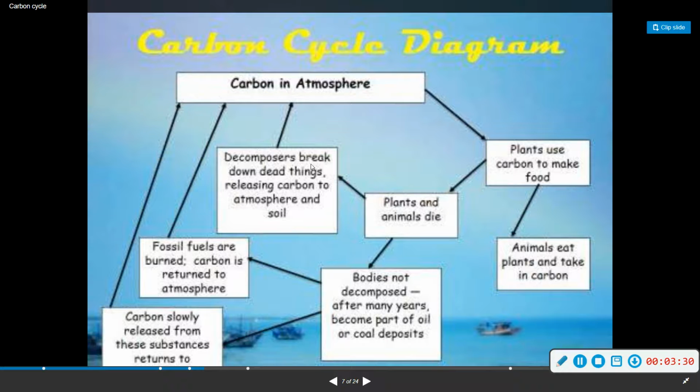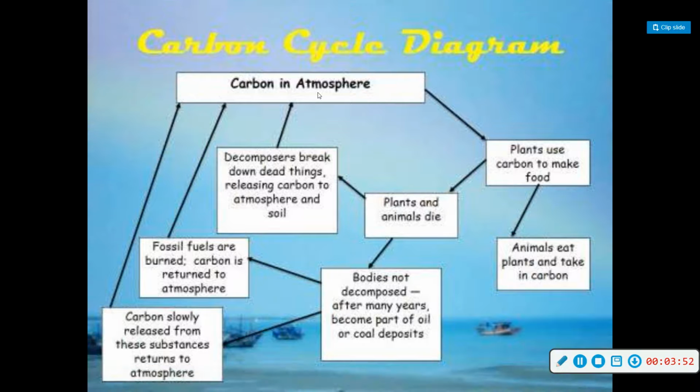And then you have decomposers break down dead things, releasing carbon to the atmosphere and soil. So fossil fuels are burned, carbon is returned to the atmosphere, and then we have carbon slowly released from these substances returning to the atmosphere. So it all kind of shifts around.